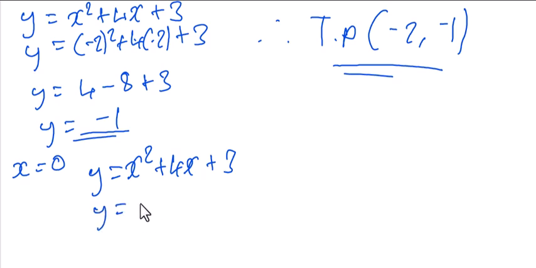We'll replace x by 0, so we have 0 plus 4 multiplied by 0 plus 3. So therefore this always gives us 0, so y is equals to 3.